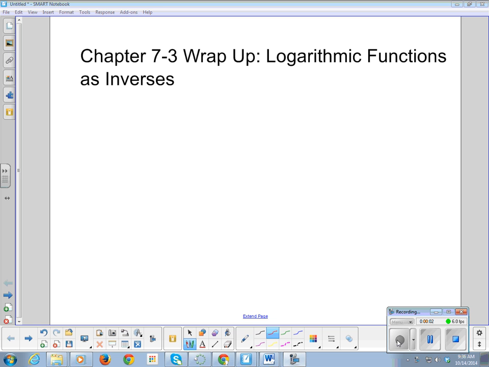So to finish up 7.3, the second half of 7.3 is a graphing component. When you go to graph it, the parent function is y equals log base b of x.